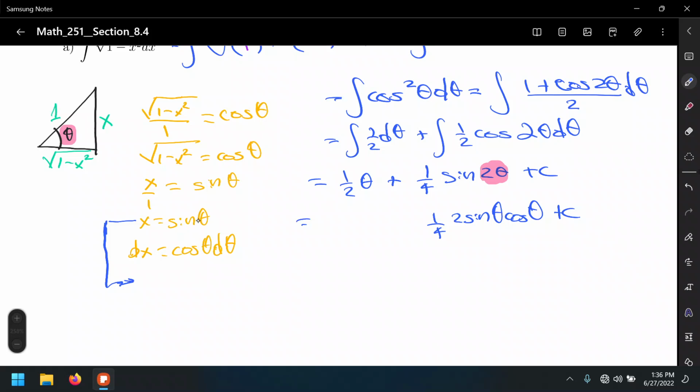All right, if we solve for theta in this mini equation, theta equals arc sine x. All right, so let me leave the 1/2 again. So this will be 1/2 arc sine of x, and that's a 2/4, which reduces to 1/2.